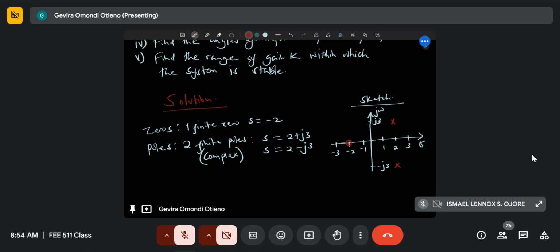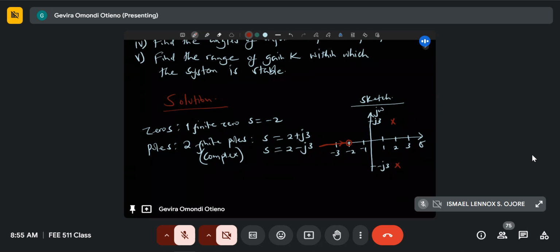But on the real axis, we only have 1 zero here. So 1 being an odd number, to the left of that one should be a root locus. So there should be a root locus on this line. And because this is a zero, ultimately something must terminate. So the arrow is entering the zero. Because it's a zero, a pole must ultimately come and terminate at this zero. We don't know which pole it is.